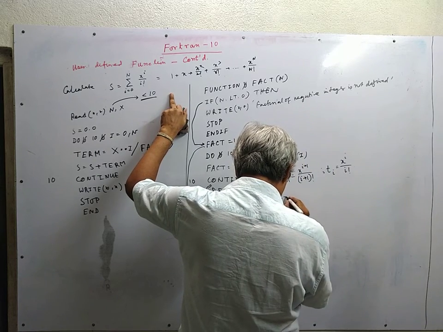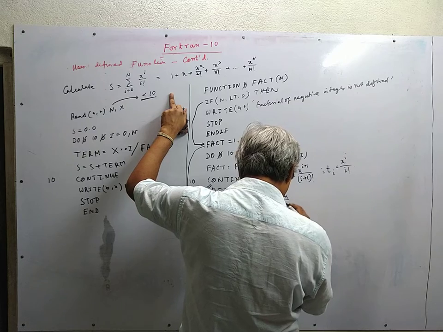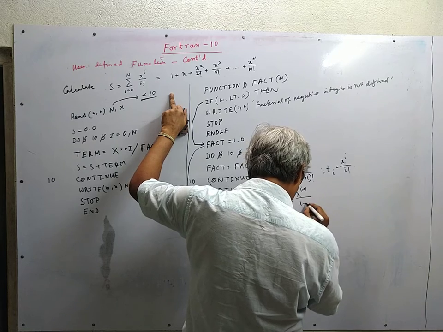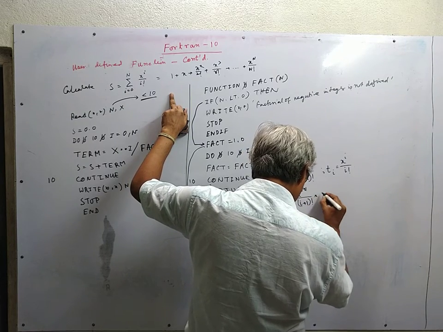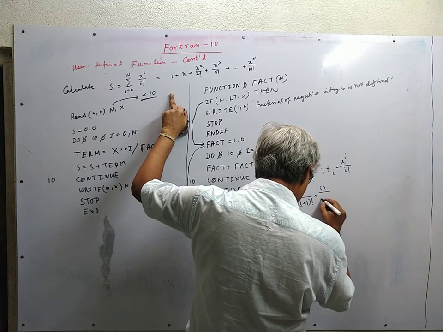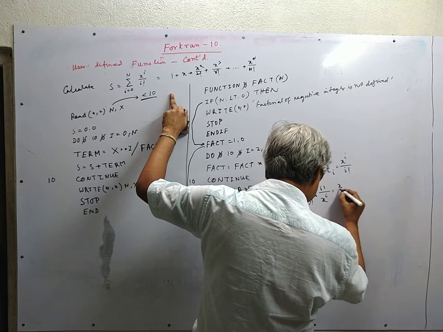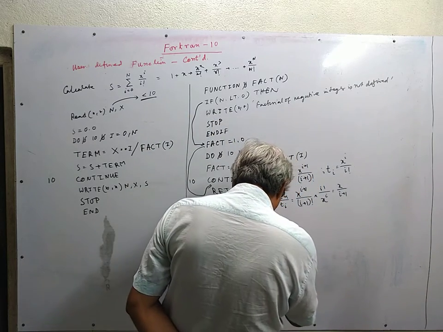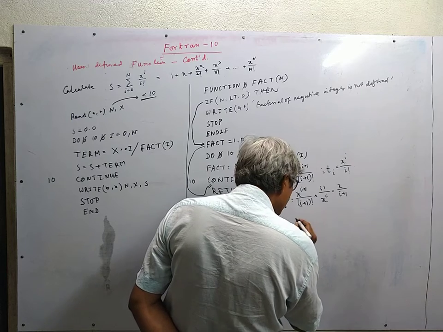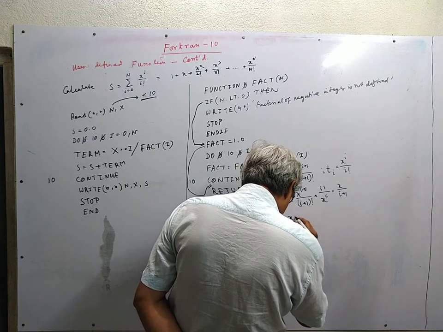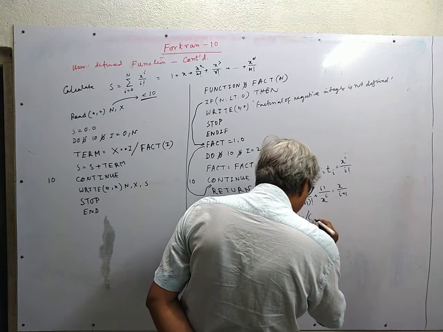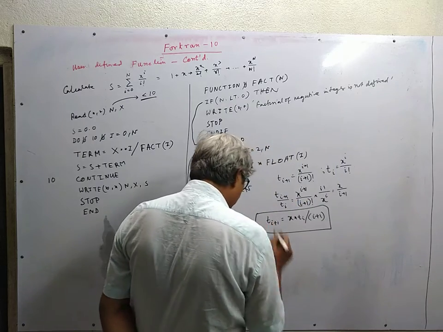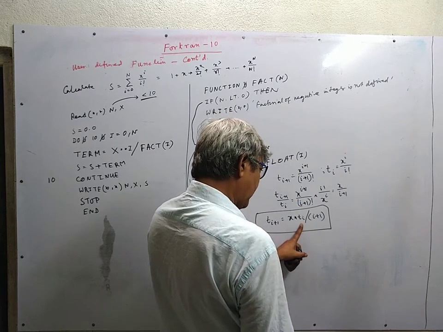So t(i+1) by t(i) is x by (I plus 1), in which case we write t(i+1) is equal to x times t(i) divided by I plus 1. This is the recursive relation that is used with t0 is equal to 1.